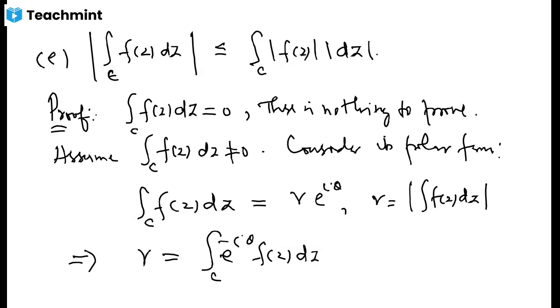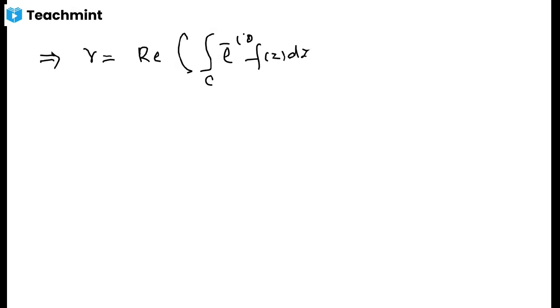That means r is a real number. So on the right hand side also you have a real number. I can write r as the real part of this thing, because r is a real number. There is no harm in writing this: the real part of the integral of e to the power minus i theta f of z dz.